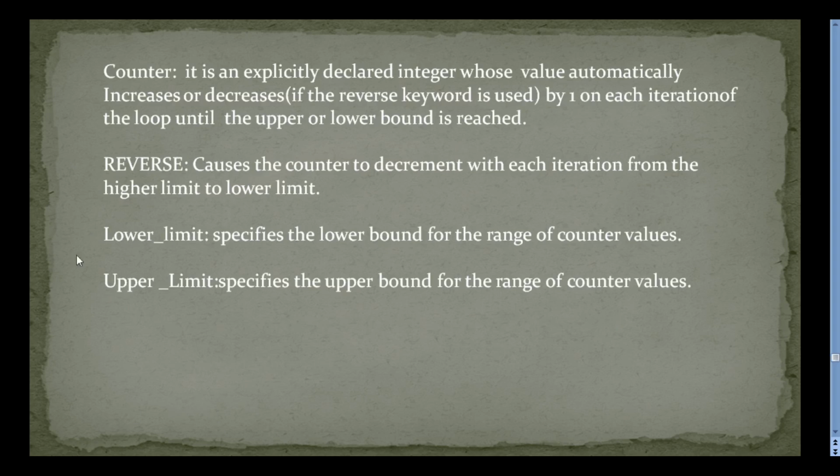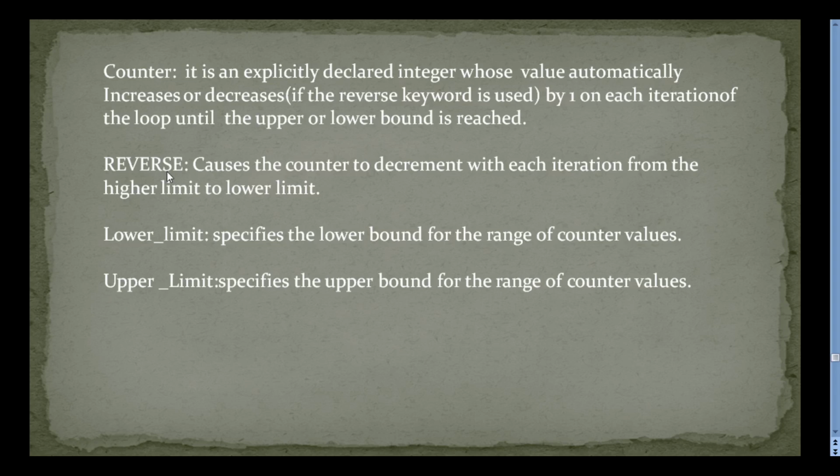Coming to the counter variable, it's an implicitly declared variable whose value automatically increases or decreases. When the reverse keyword is used, the value decreases automatically. Otherwise, the counter variable value increases automatically by 1 on each iteration of the for loop until the upper or lower bound is reached.